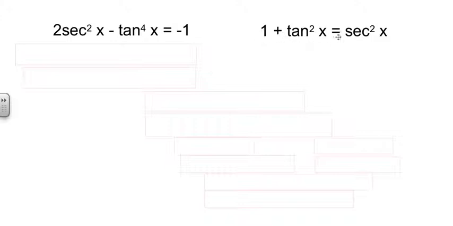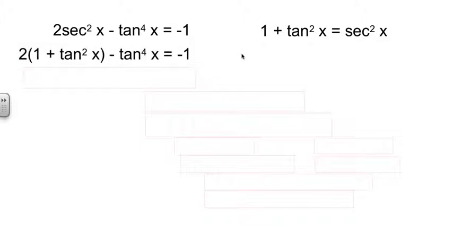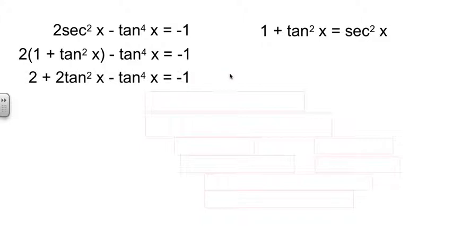So I can substitute this stuff in place of secant squared. Well, I'm going to distribute, and then I'm going to move everything over to the right because it's a lot easier to factor things if they're positive on the lead term.